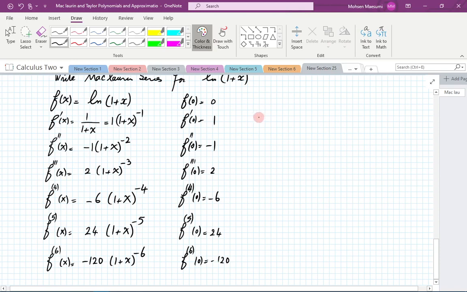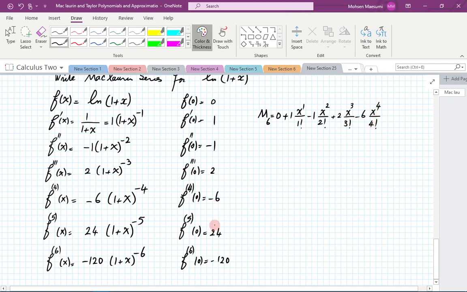So suppose I want to write the Maclaurin series up to level 6. What do I do? Start with that number. Next number times x to power of 1 over 1 factorial. Next number, x squared over 2 factorial. Next number, 2x cubed over 3 factorial. Next number, minus 6x to the 4 over 4 factorial.